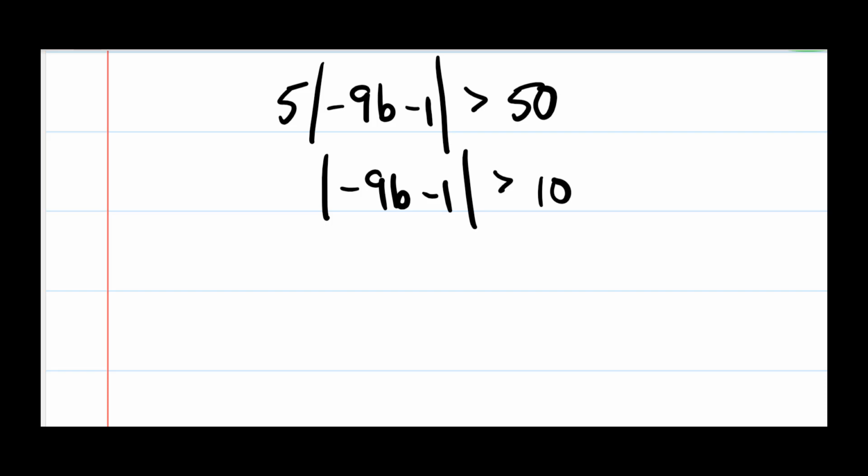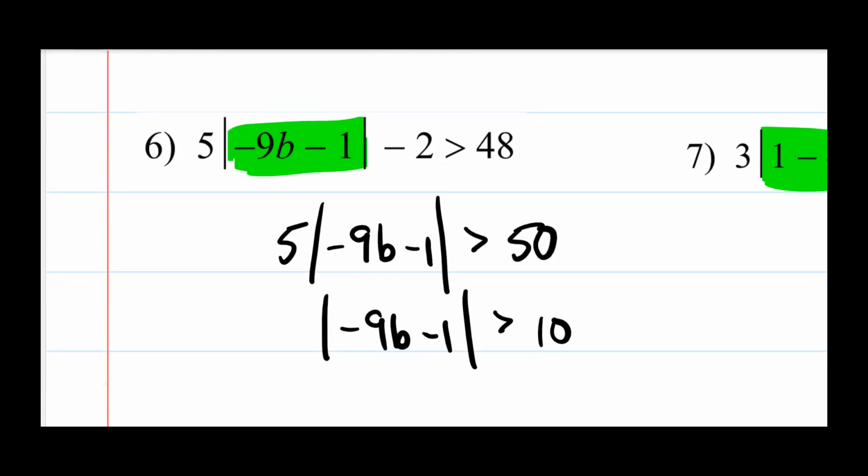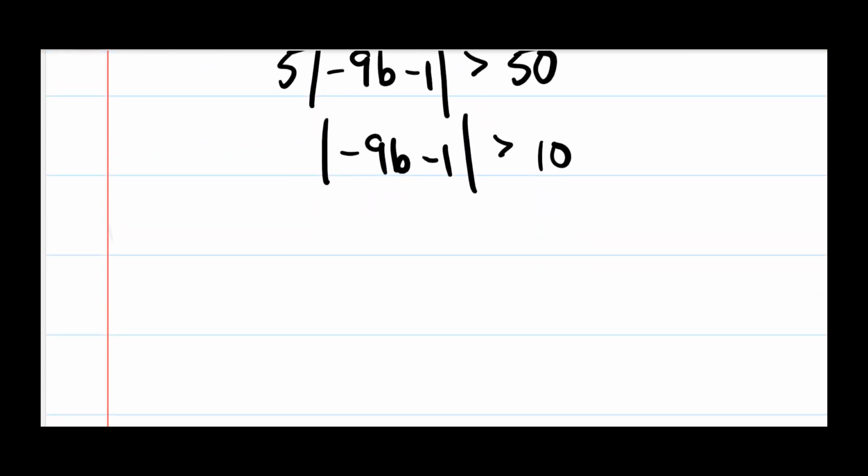So that piece could be like 11 or 12, or 13, or 14. All those values are greater than 10. But I could also have those same values be less than -10, because the absolute value of -11, or the absolute value of -12, or the absolute value of -13 is also greater than 10.